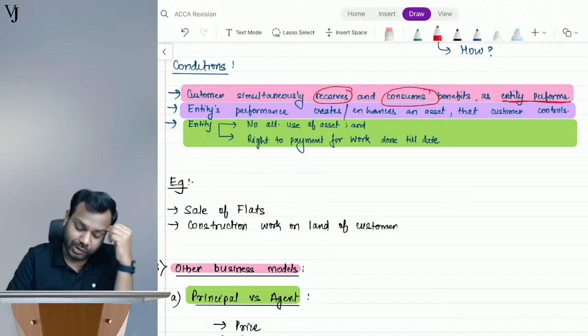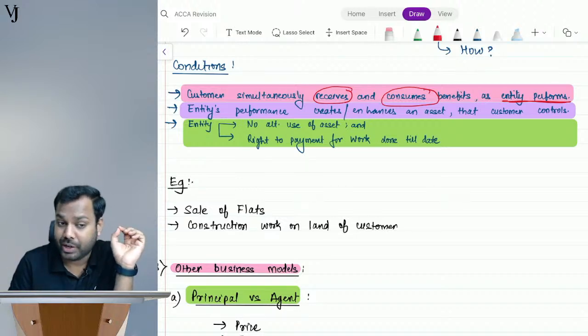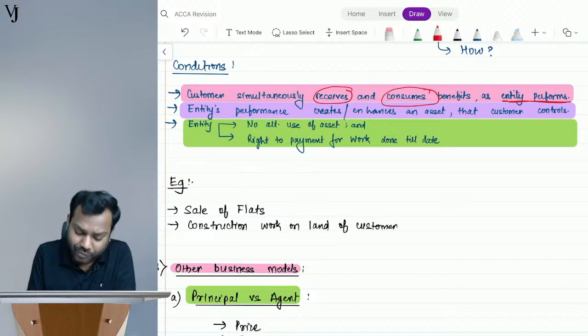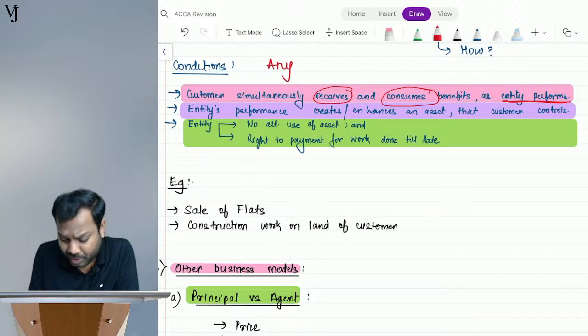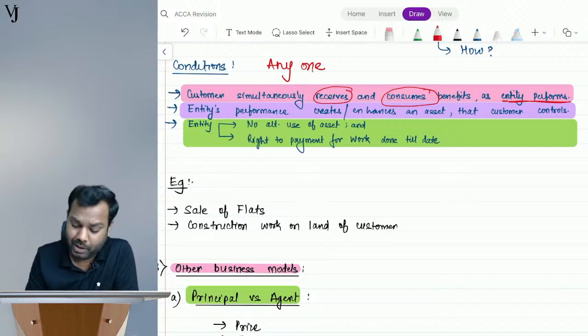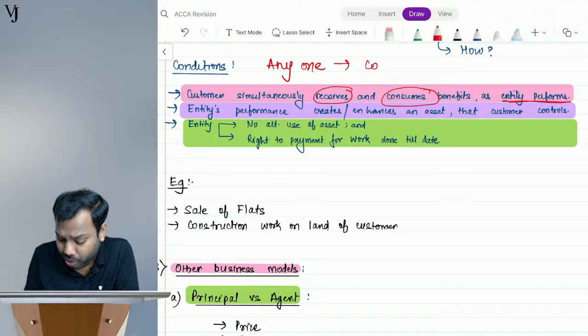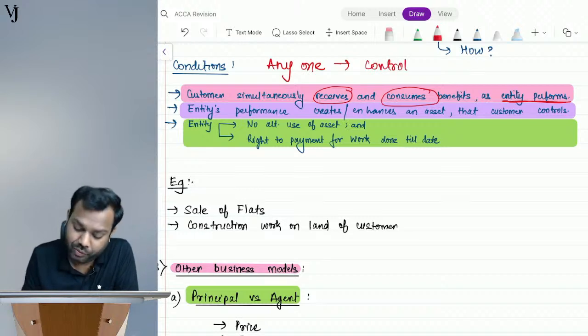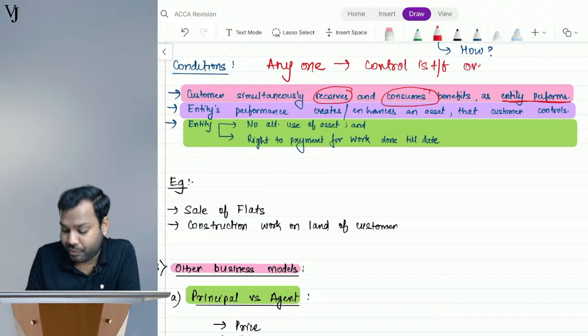Right? So this condition gets satisfied in the case of education, but the standard says that if anyone, not all, anyone is satisfied, then we can say that the control is transferred over a period of time.